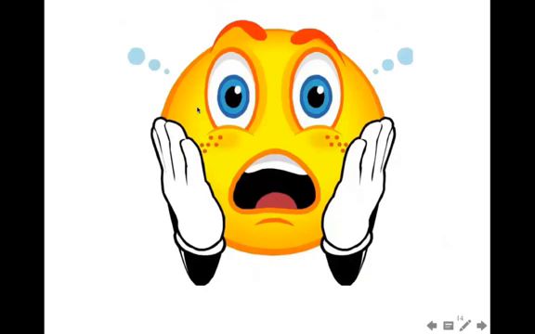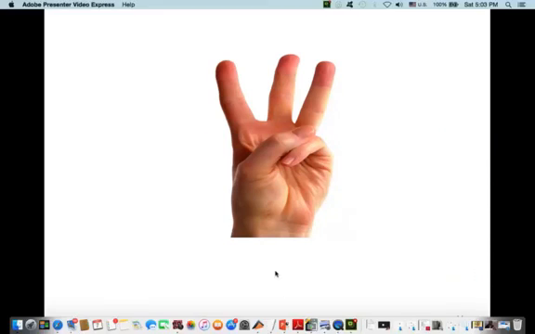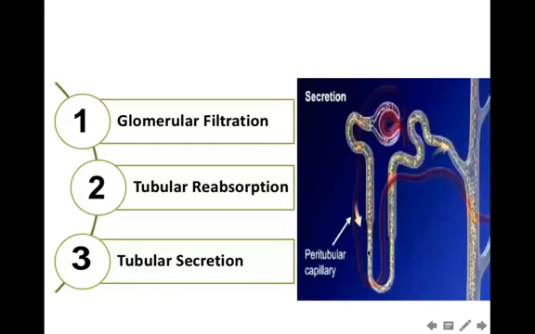And now it's time to talk about urine formation, which needs 3 steps to be formed, by the way. 1. Glomerular filtration. 2. Tubular reabsorption, or transport of water and solute from tubular lumen into the pretubular capillaries. And 3.